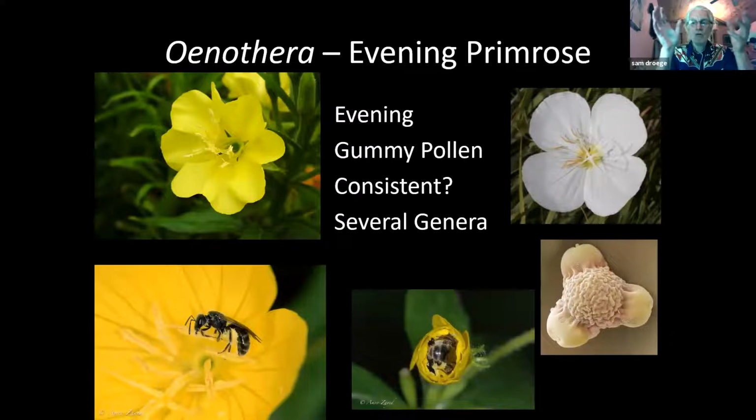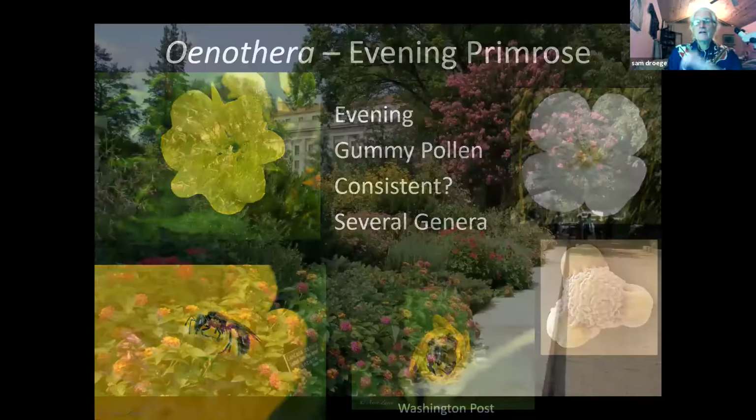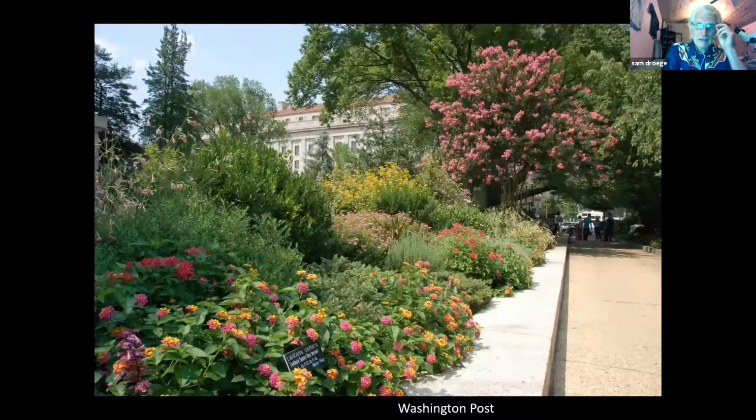So it makes the whole pollen thing difficult to handle for a creature, except for the specialist bees, which have specialist bee tools, let's call them, for carrying that pollen and handling this gummy stuff. And they indeed only come out in the evening. They even have specialized eyes, or the simple eyes on top of their head, to see in low light levels. So that's why evening primroses come out in the evening.